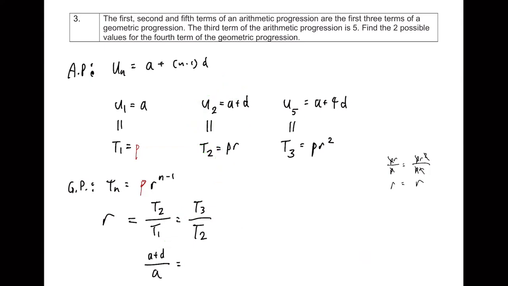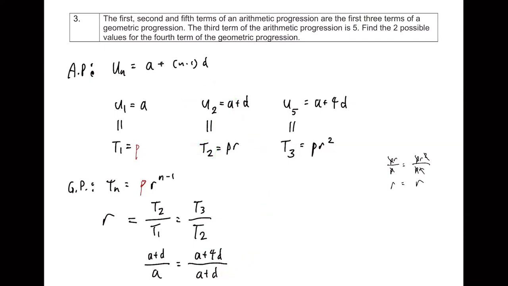How about T3? T3 is PR squared, but we don't use PR squared. Instead, we use the fact that it's equal to U5, which is then A plus 4D. Why is it equal to U5? It's because it was given by the question: the first three terms are the same. So T3 is actually A plus 4D. You can replace the numerator with A plus 4D. Divide by T2, it's again A plus D, since T2 is A plus D.